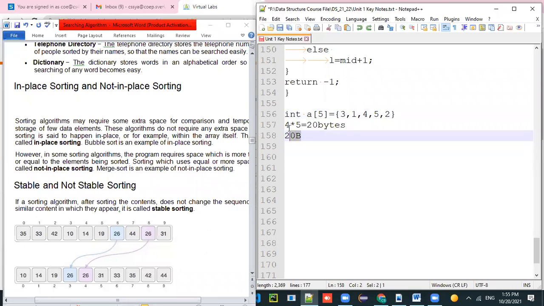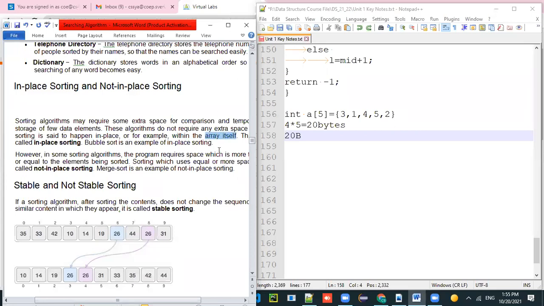That means we adjust within the memory that is available and do the comparison there; that is what we call in-place sorting, right? By considering the available or allocated memory, an in-place sorting algorithm does not require any extra space for sorting.